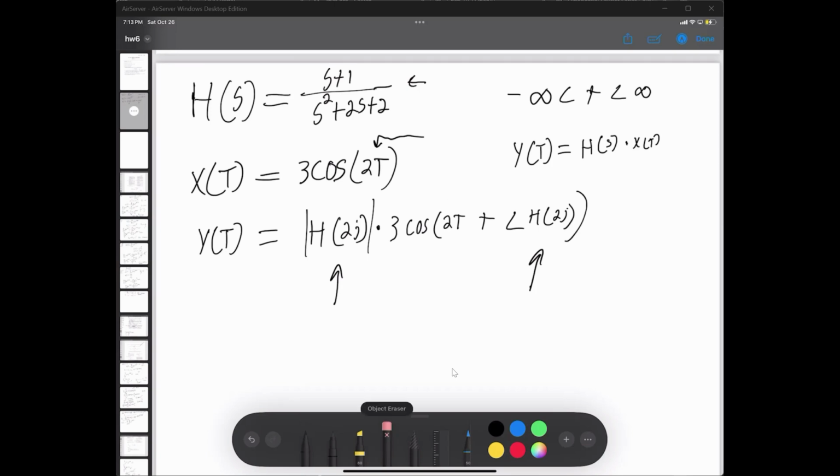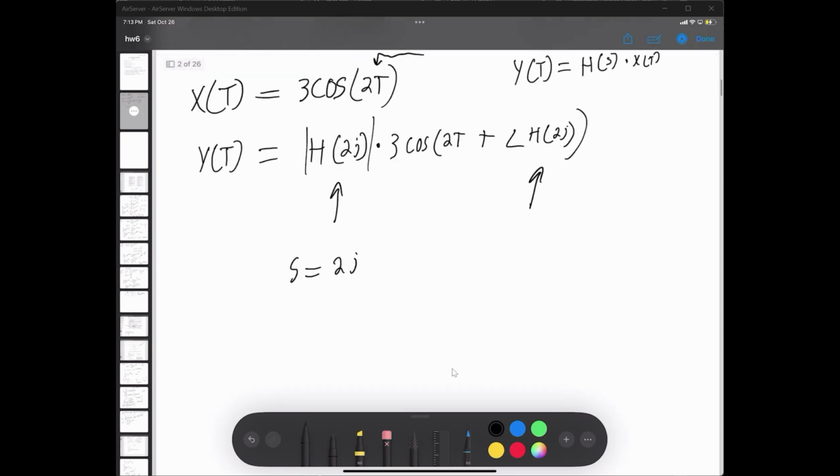You see that has 2t, so it's going to be 2j plugged in at s. We say s is equal to 2j. And if you want a general formula, we'll say s is equal to jw, where w is the angular frequency of whatever is inside the input. All right, so how do we find the magnitude? How do we do that?